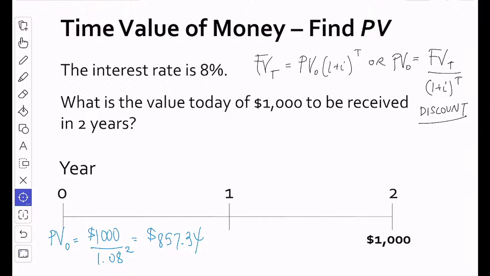So you could think of this as a different formula, or you could just think of this as the same formula where you have this value, this value, and this value, and then you just solve for PV 0. It's really the same formula. That's why I put them together on the formula sheet. Now let's solve this in the calculator.